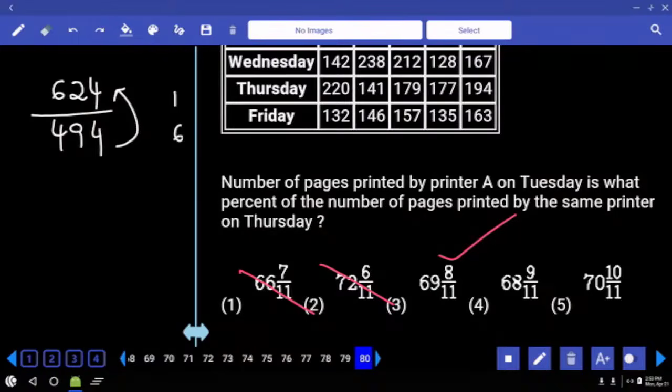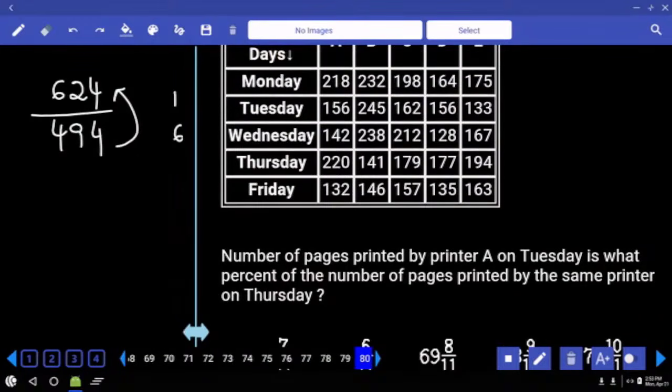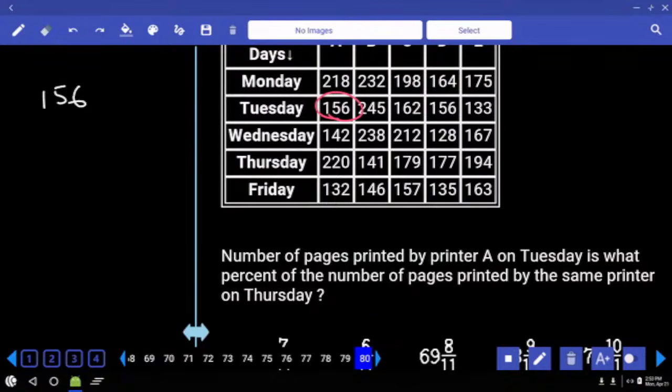Number of pages printed by printer A on Tuesday is what percent of the total number of pages printed by the same printer on Thursday? A on Tuesday, what percentage of Thursday? 220 percentage into 100.